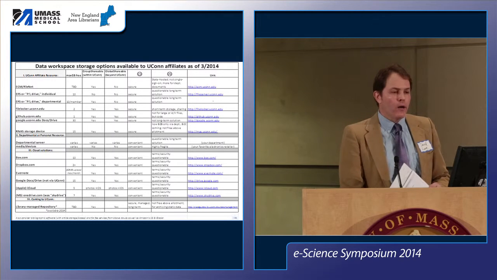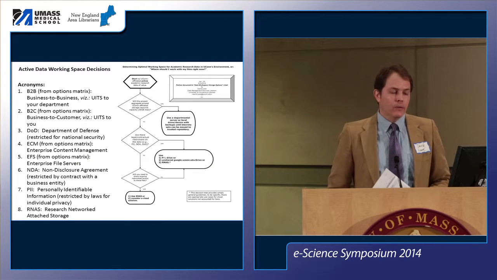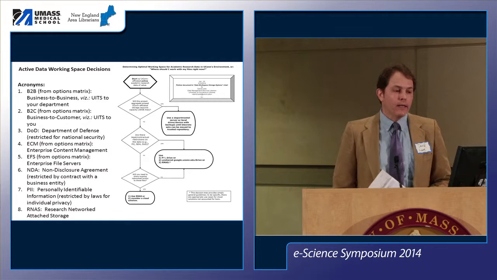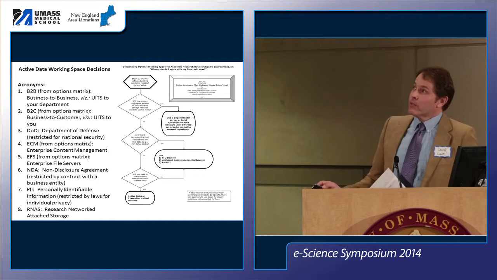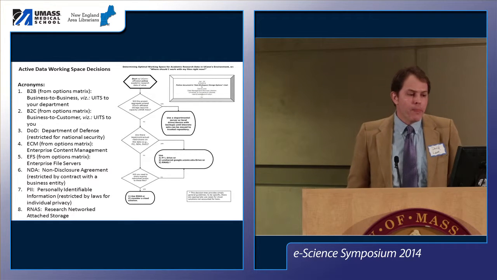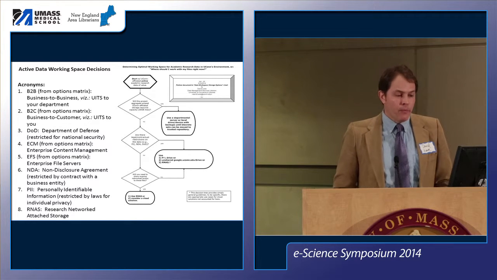Now, we also walk them through if they were to archive, and that's what the second flow chart is about: static data decisions. We first urge them to do metadata, get your ducks in a row with your descriptive metadata, and then think about some other decisions there.